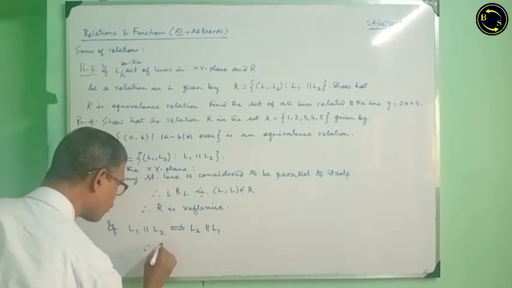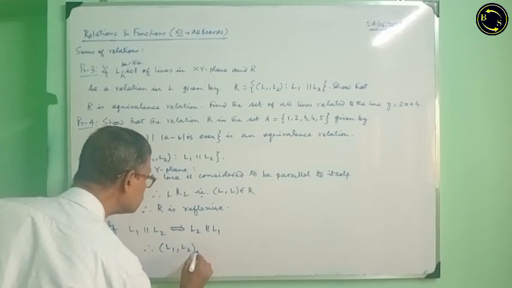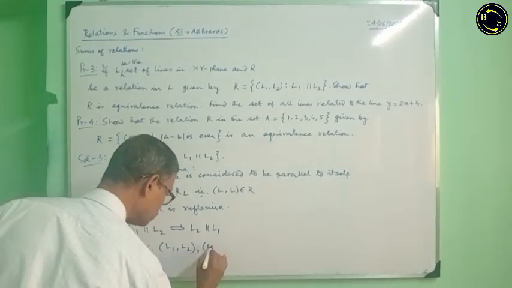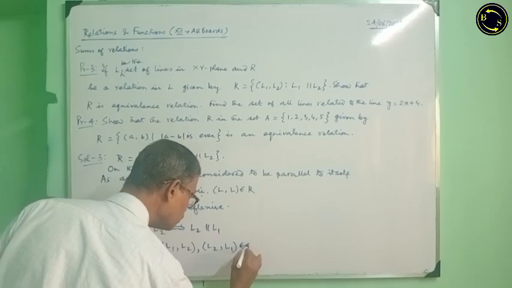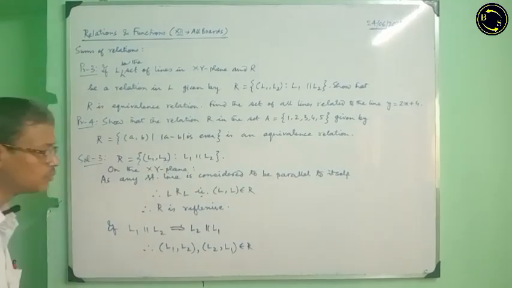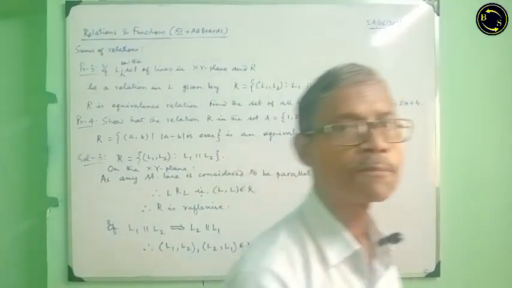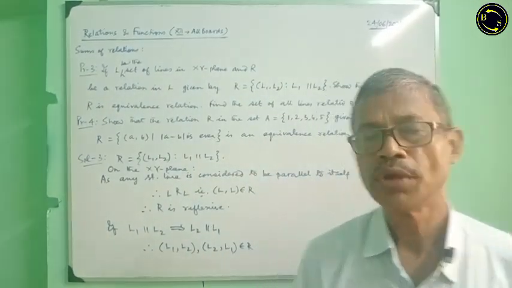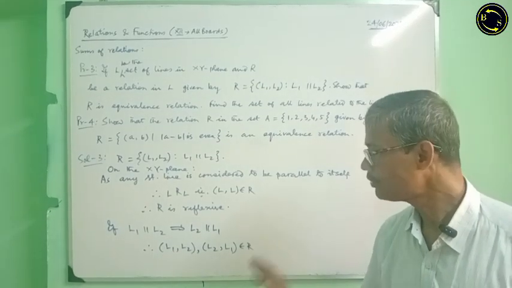Therefore, as per definition, if A is related to B and B is related to A, then we say the relation is symmetric.